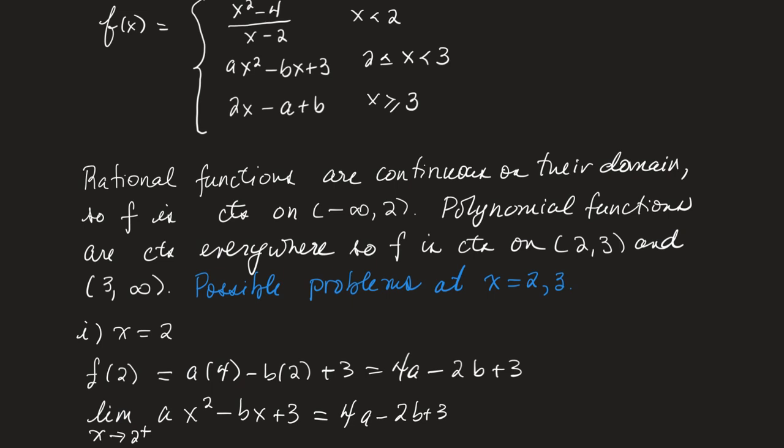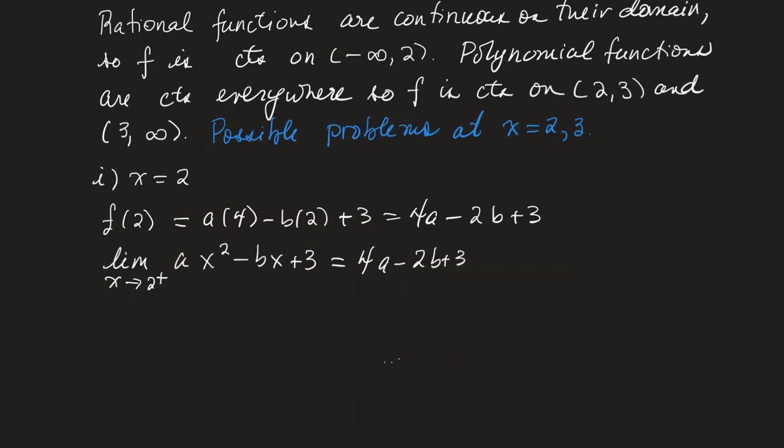Now, when I'm considering the limit as x tends to 2 from the left, I need to use this part of the function because as x tends to 2 from the left, we're thinking about what happens to the function as x gets close to 2, but x is less than 2. So for the limit as x tends to 2 from the left, I'm using x squared minus 4 over x minus 2.